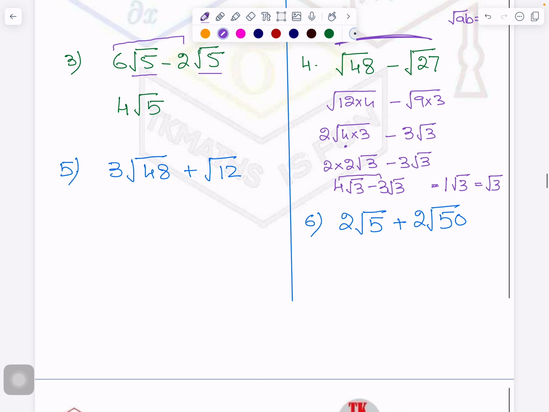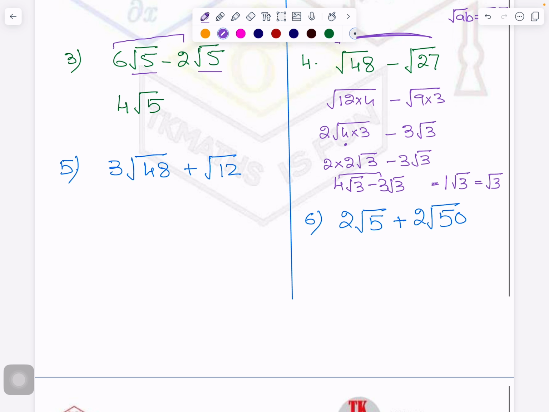Okay. So now let's see 2 more. Now 48 we have seen can be written in the simplified form as 4 root 3. Right? We have just seen. So instead of this 48, I can write here 4 root 3. Of course, if it is a separate question, you will show the steps, but it is not necessary. If you write directly like this simplified, that is also fine.